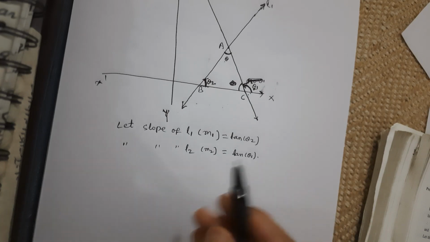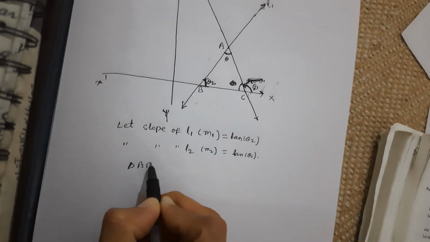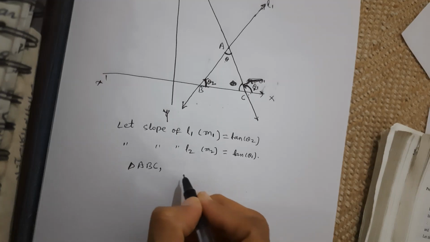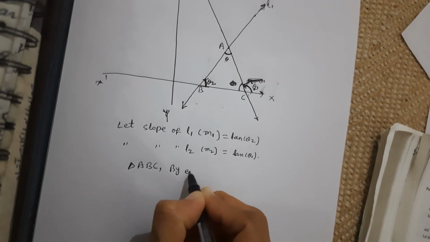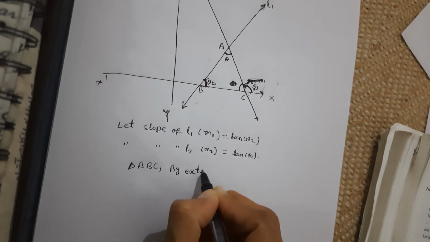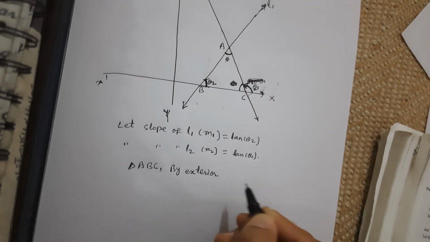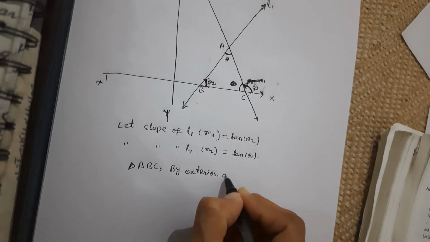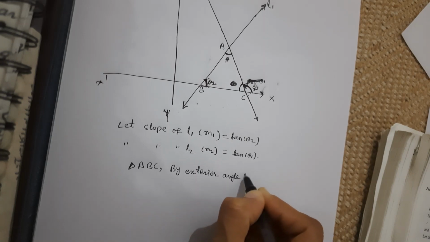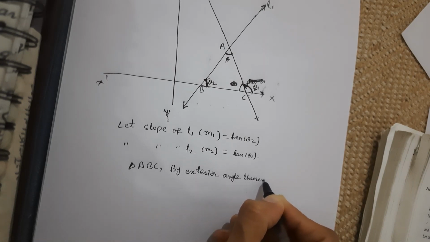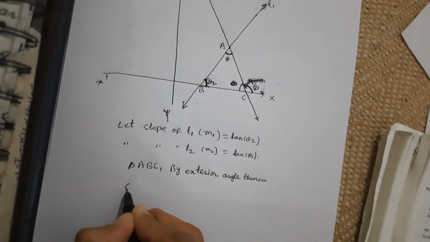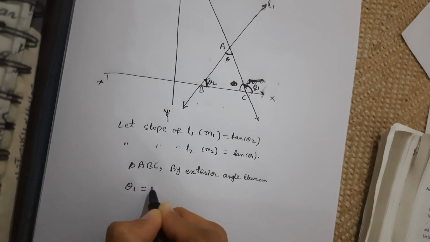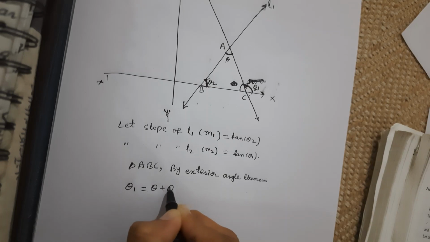Now in this triangle ABC, by the exterior angle theorem, theta 1 will equal theta plus theta 2.